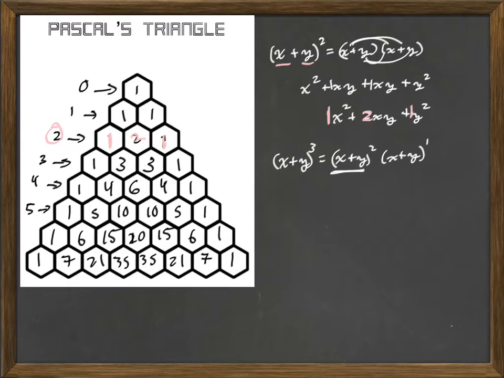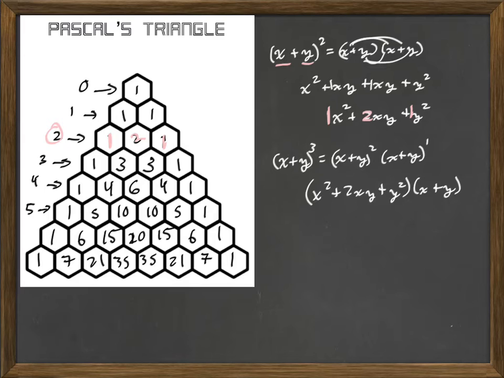I'm doing that just so I can copy this right here. So if I'm copying that, I get x squared plus 2xy plus y squared, and we're multiplying that by x plus y. Now I have to multiply by x plus y one more time to do it to the third power.